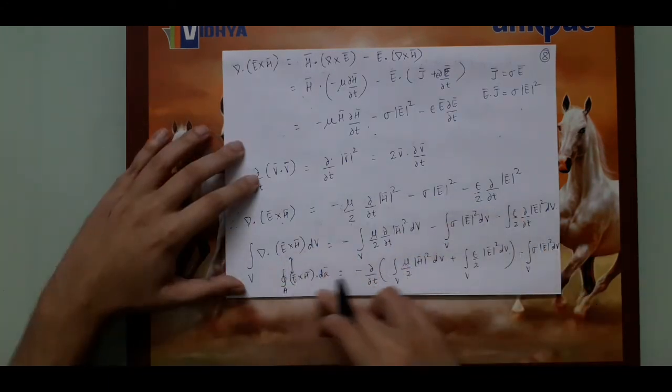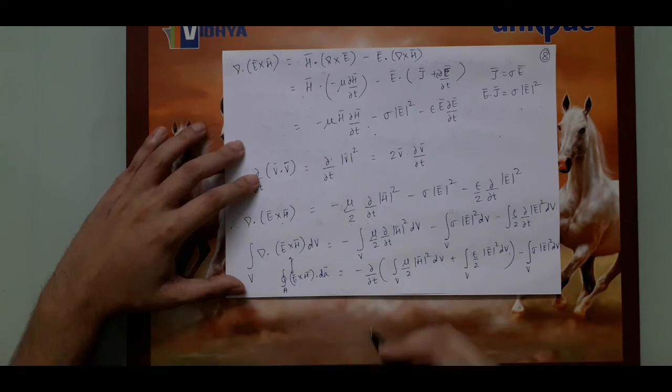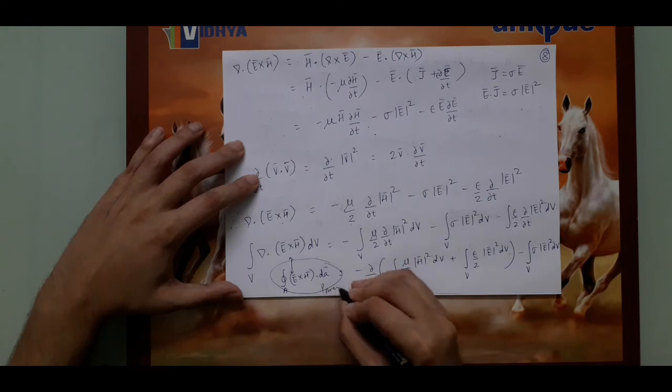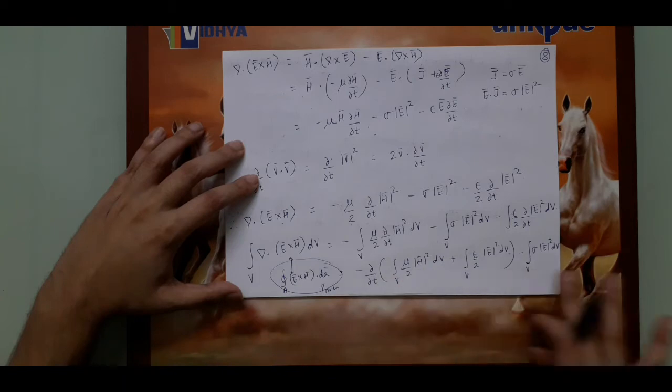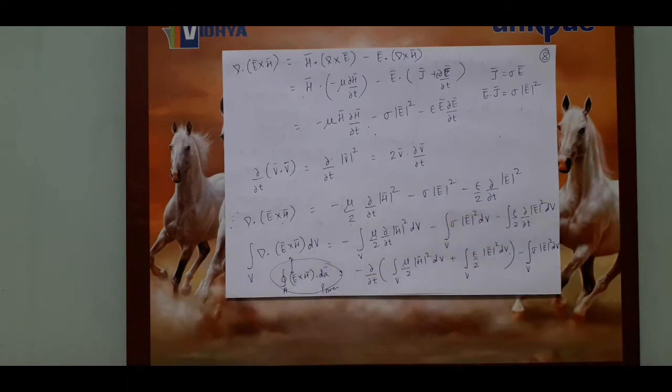So this whole left hand side, which is the integration of the power density over the area of interest, indicates power. And in some sense the right hand side will also indicate power, because if the left hand side is power, the right hand side also should be power.